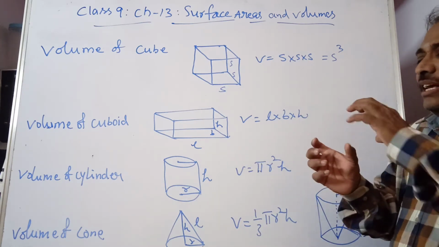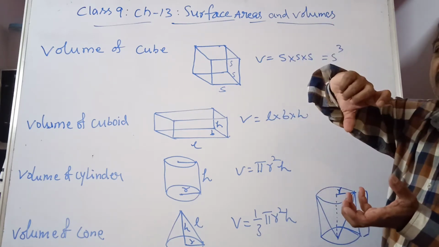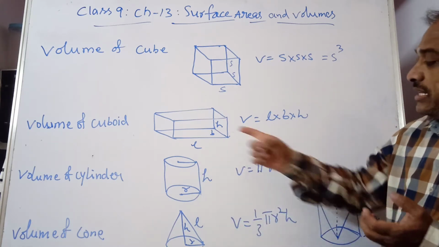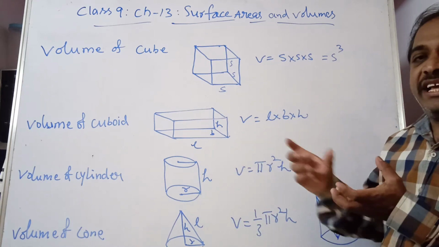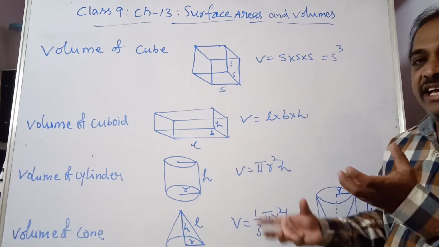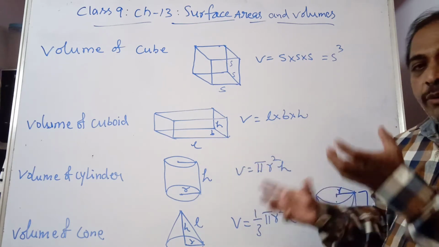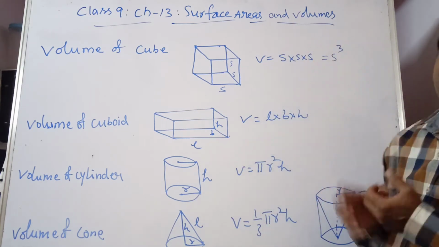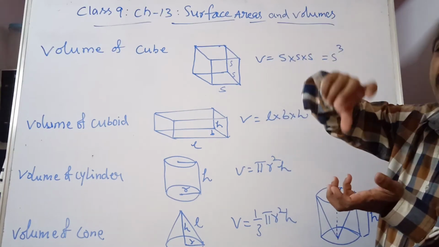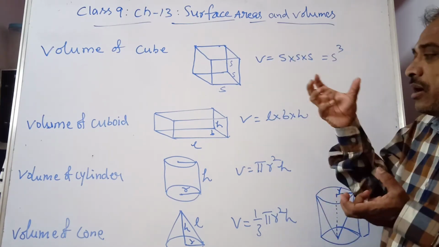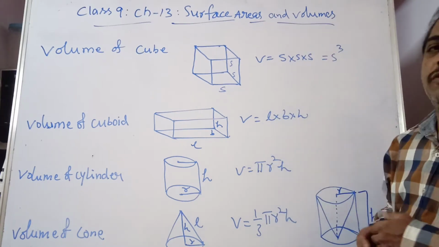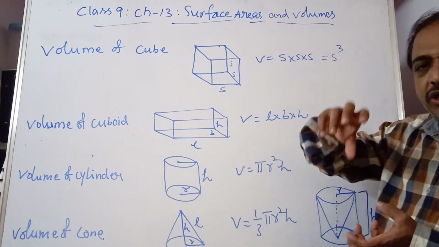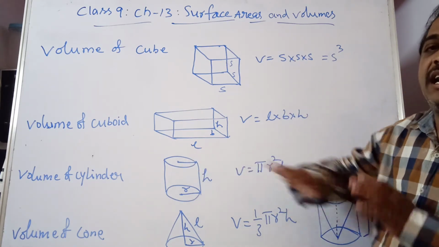If you fill the cone with water and pour it into the cylinder, you need to fill the cone 3 times and pour it 3 times, then the cylinder will be filled.